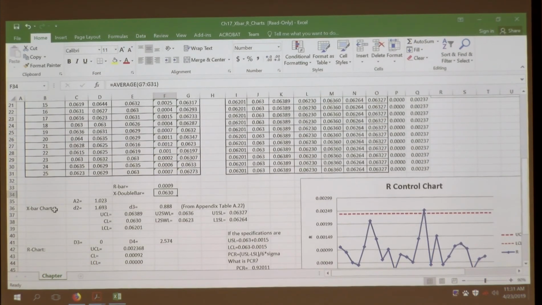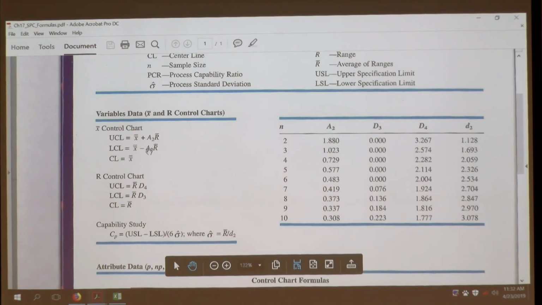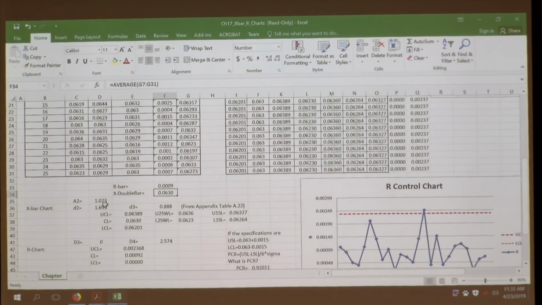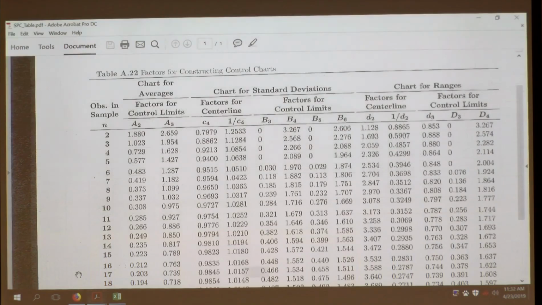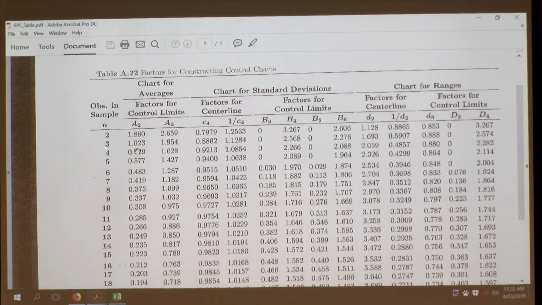Now, in order to get the X bar chart for R, we need A2, D3, and D4. How to get A2? A2 is 1.023. How did we get this value? This value comes from this table. We want A2, and each sample has sample size 3, so this is 1.023.